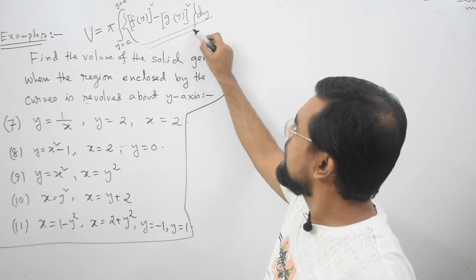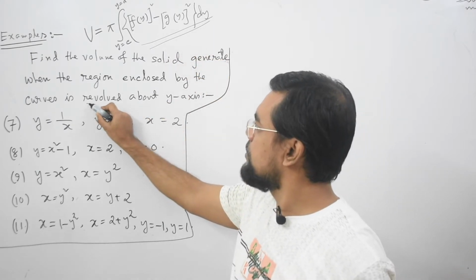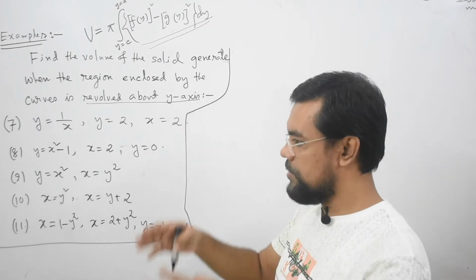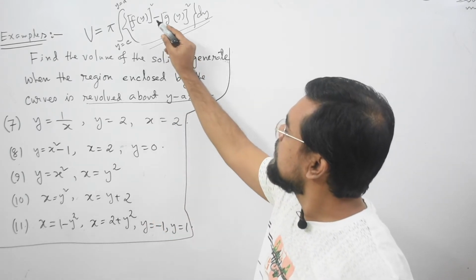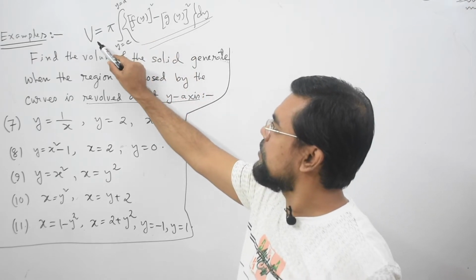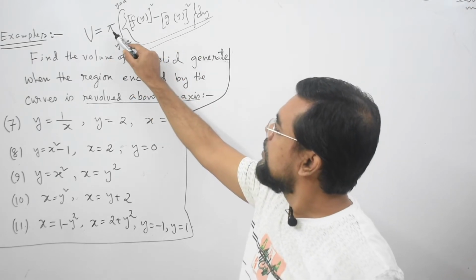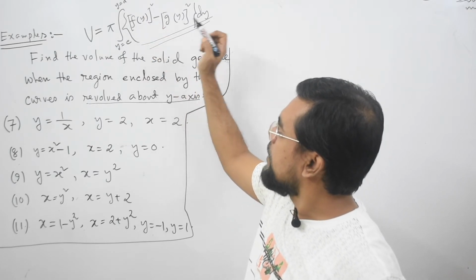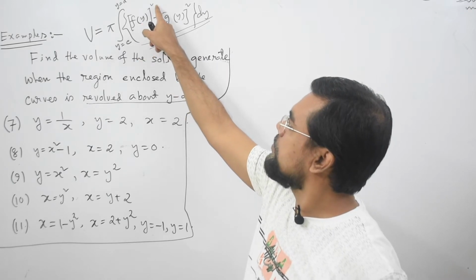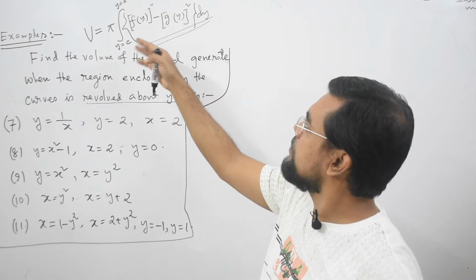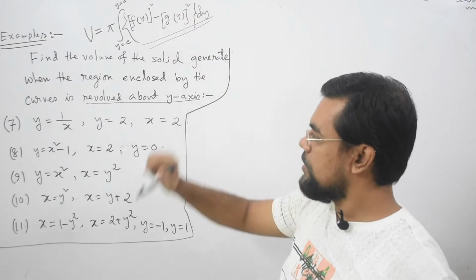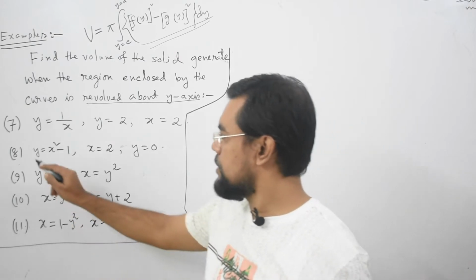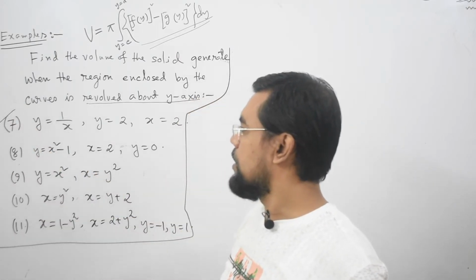If you revolve a plane region about the y-axis, then your cross section will be perpendicular to the y-axis, and in that case this will be your volume formula by the method of washers: pi times the integral from y equal to c to y equal to d of the curve right one, f(y) squared, minus the curve left one, g(y) whole squared, integrating with respect to y. So first let us try to solve example 7.